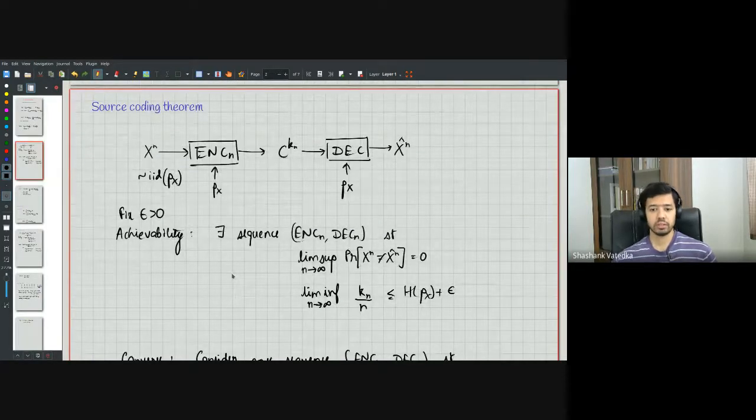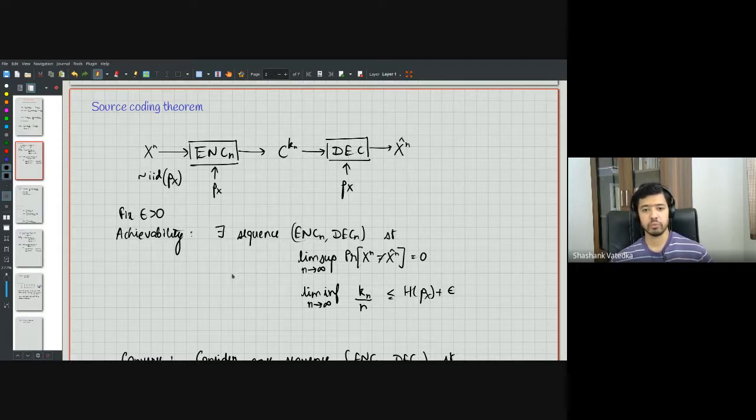So in our information sciences, information theory course, we've also seen the source coding theorem, which gives an operational meaning to entropy. Right? So if you have a sequence of random variables, x1, x2, up to xn, and these are IID distributed according to px, then the source coding problem asks for the best compressor for compressing x.